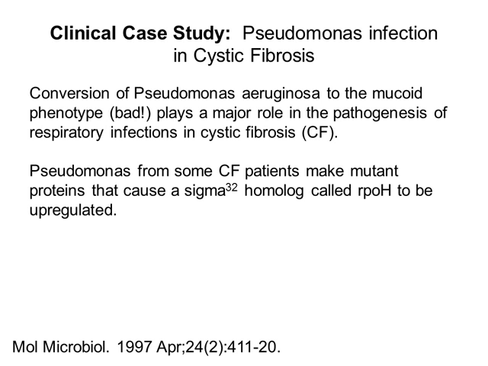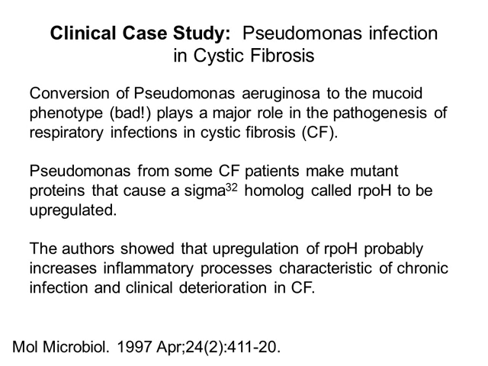So there's an increase in the stress response protein in this particular infection, which made it even worse, made it this mucoid phenotype, difficult to treat and very deadly. And so they think that the upregulation of this particular sigma factor contributed to inflammation in the chronic infection and the worsening of the prognosis of a patient with CF.